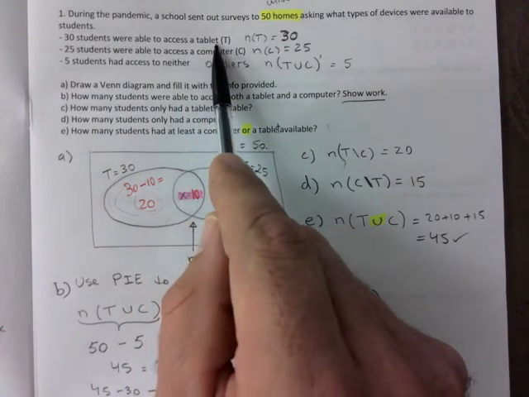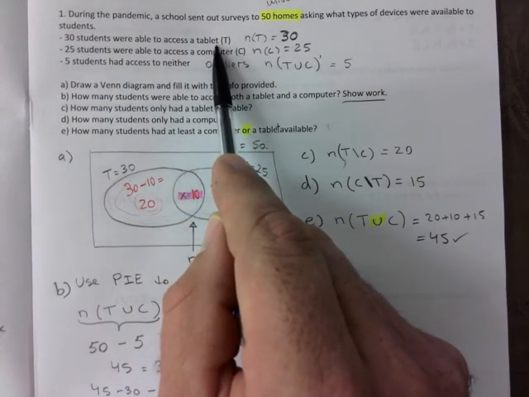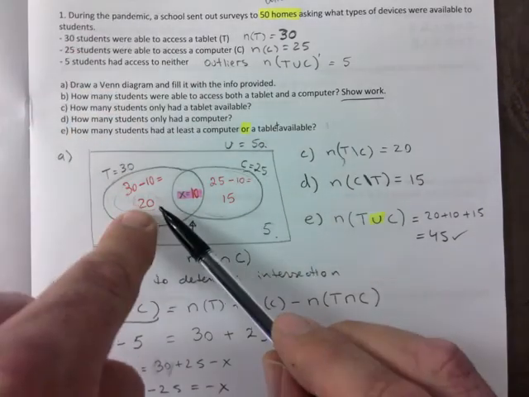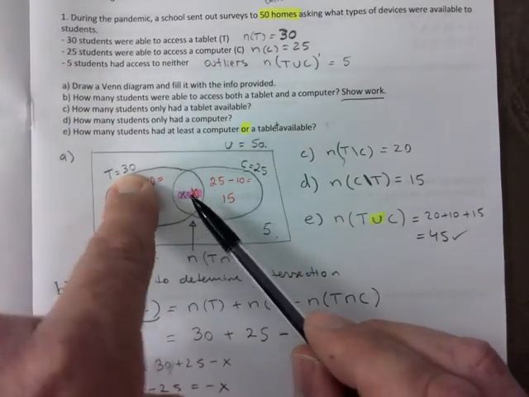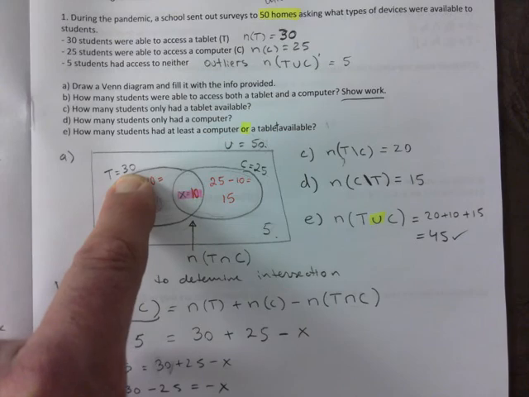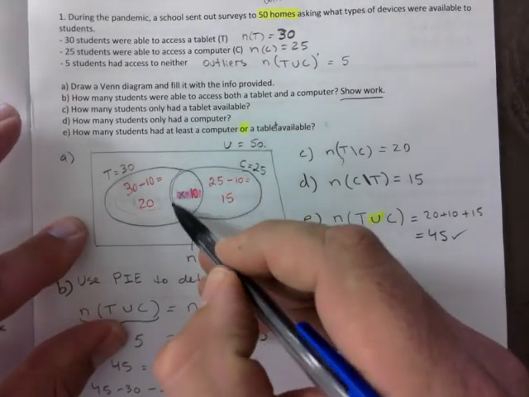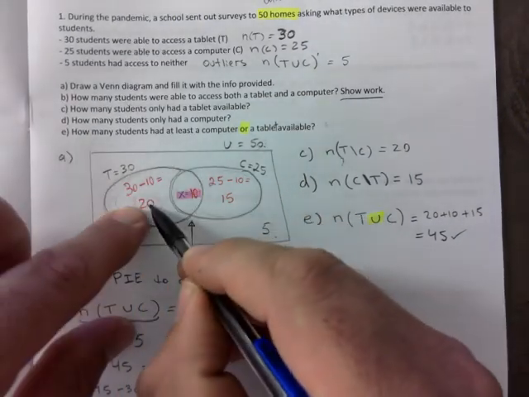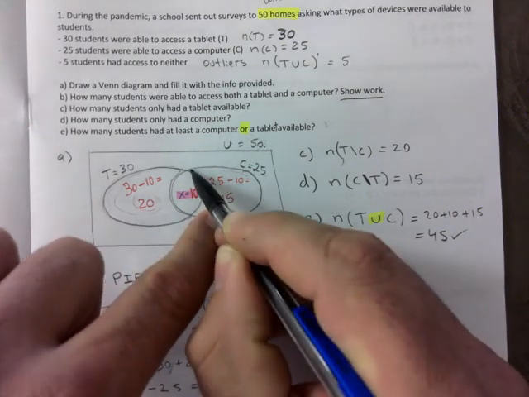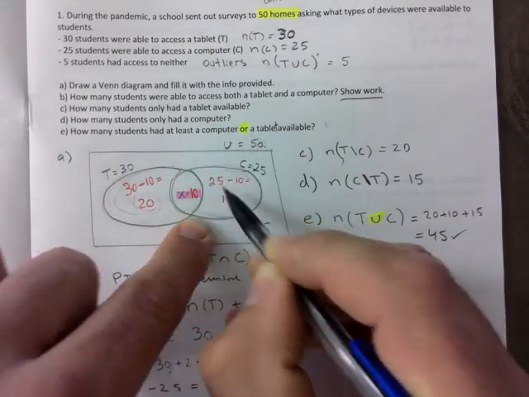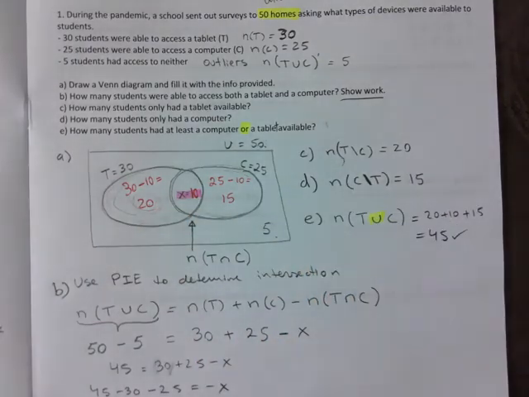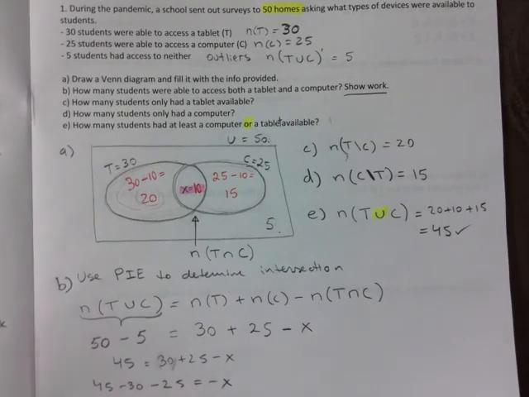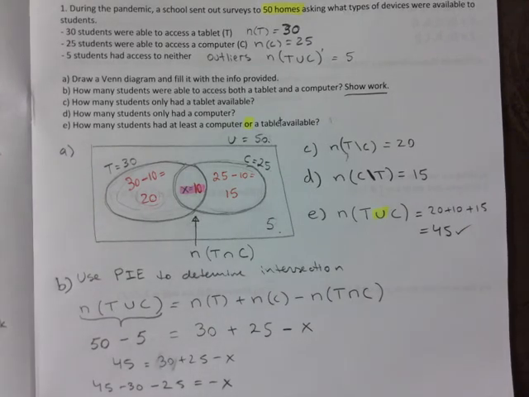When they give you that information, that number actually goes right in here, not at the top. Because the word only tells you that it's just this section here. Or only a computer, they would actually be referring to this section here. Okay, so we're going to have to do a couple more, but I will already assign to you and we'll go from there.